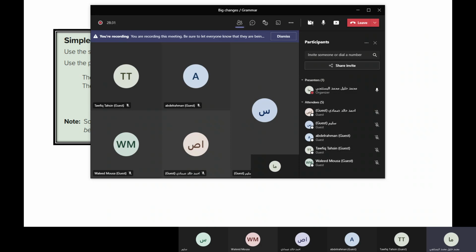It means the action started in the past and is still happening up to now, and it will continue in the future. In this case, we have to use what? The present perfect. Actions that started in the past, are still happening up to now, and may continue in the future. Okay, we use the present perfect.